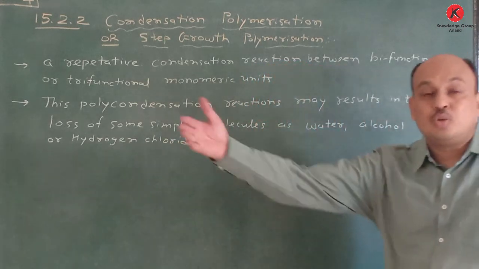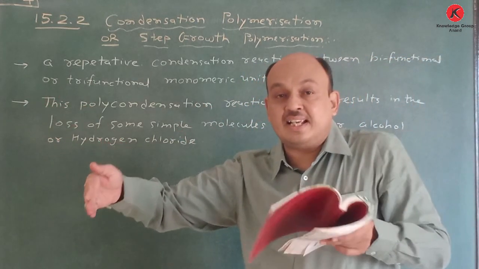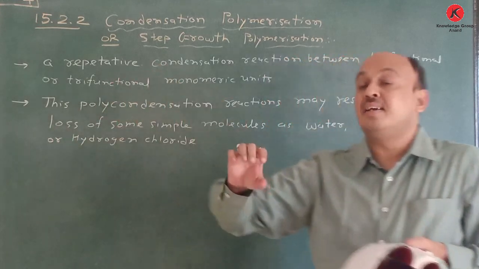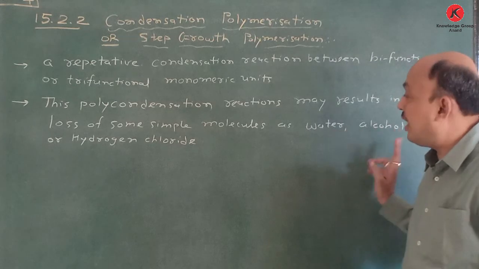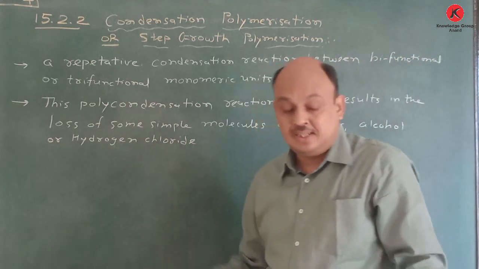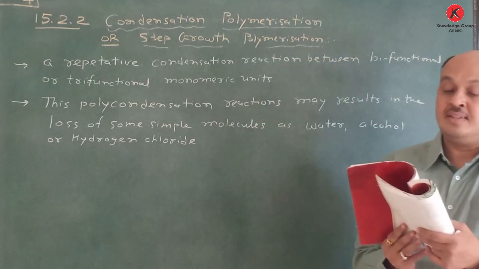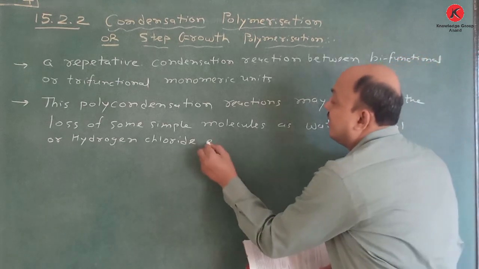That means two monomers are condensed, they are joined with each other, and they remove certain molecules such as water, alcohol or hydrogen chloride.